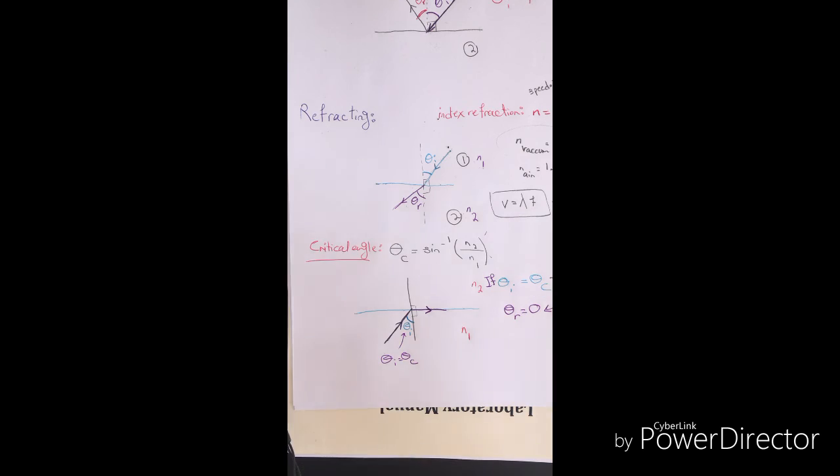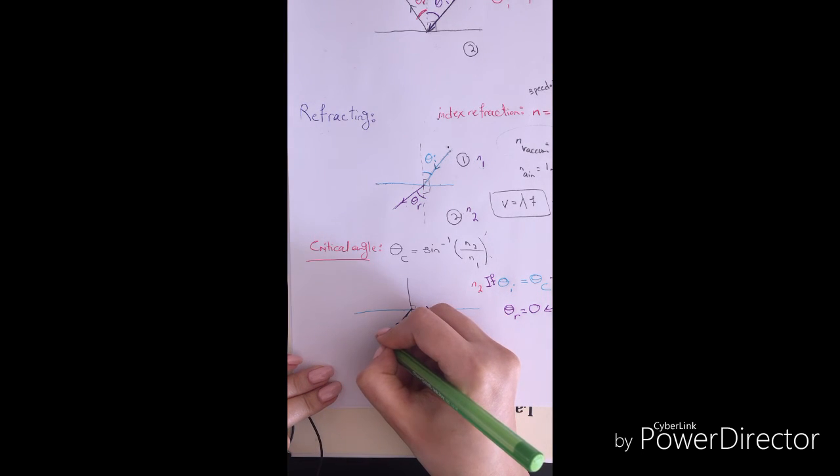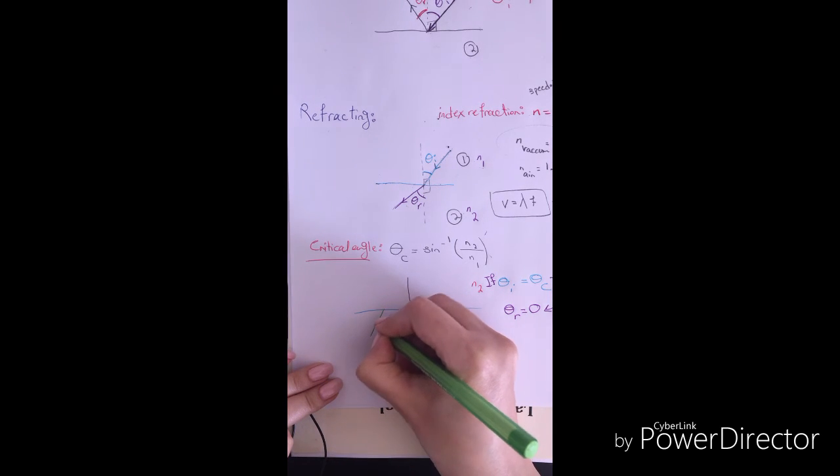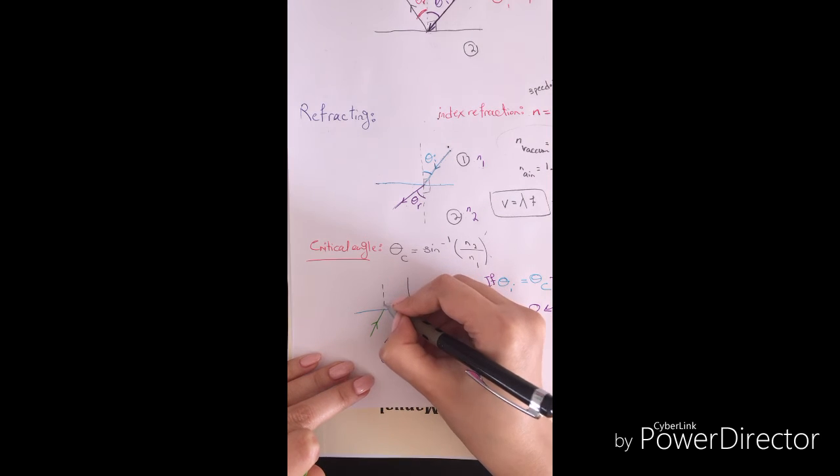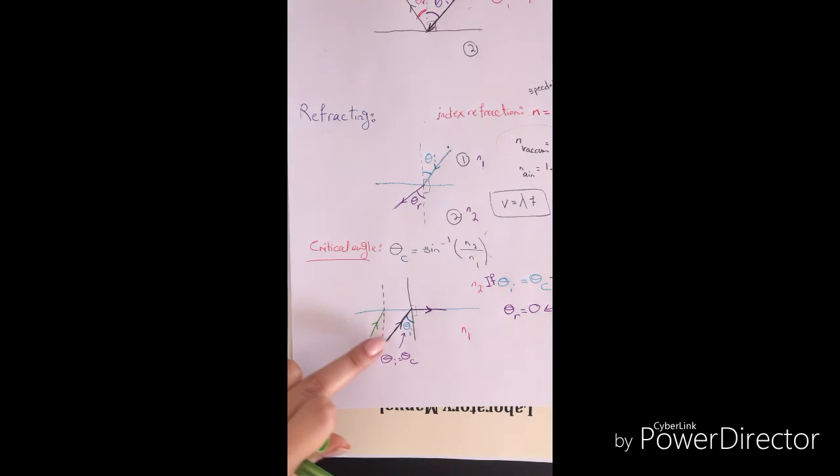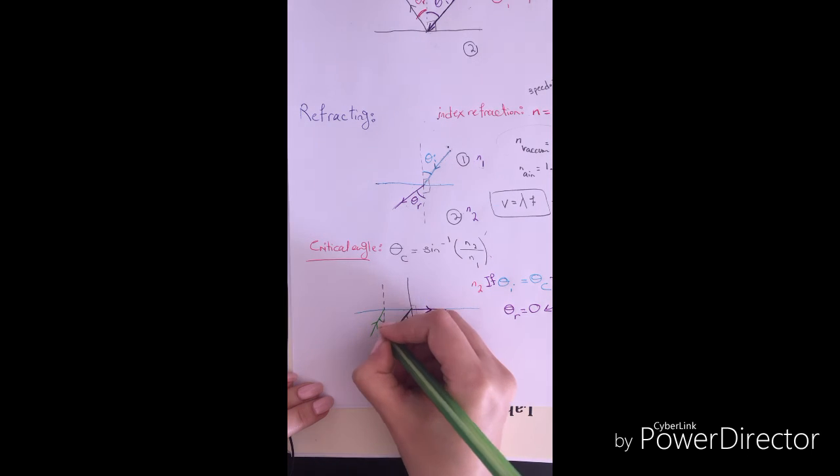Now, if the initial angle is less than the critical angle, again, this is a vertical axis, which is perpendicular to the surface.